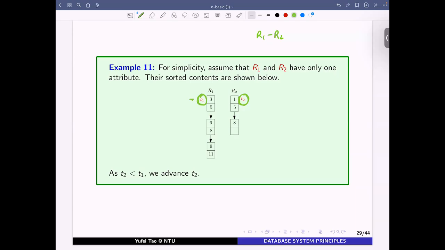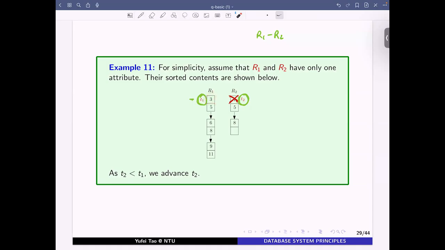Now let's see what we have here. T2 points to tuple 1, and T1 points to tuple 3. You notice T2 is less than T1. So what can we say about this one now? We definitely will not need this tuple at all. Why? Because this one is less than 3.